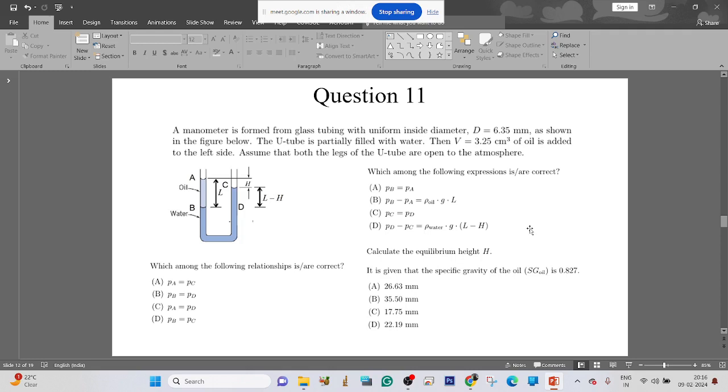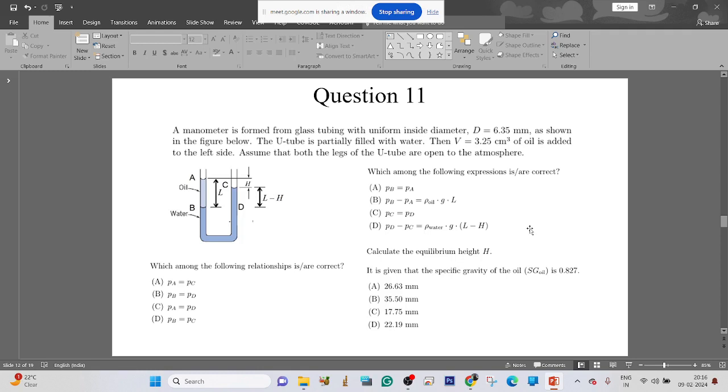So we'll take everything in mm. So L is equal to 3.25 into 10 cubed upon pi by 4 into 6.35 whole square. So this is 102.62 mm.